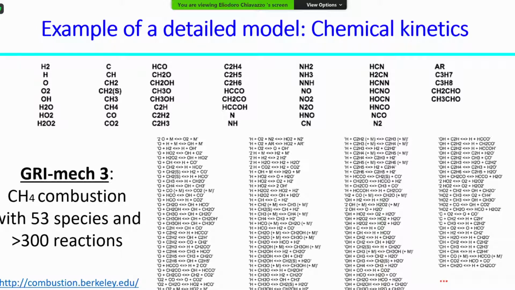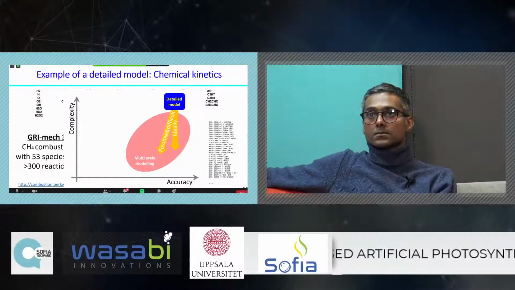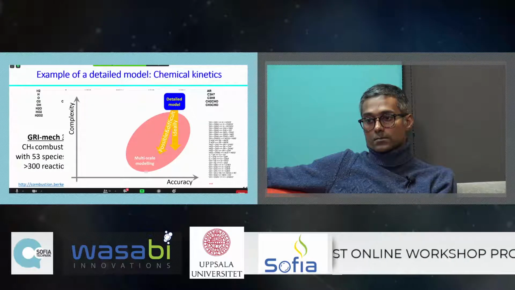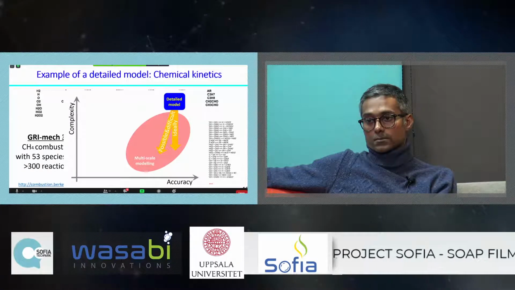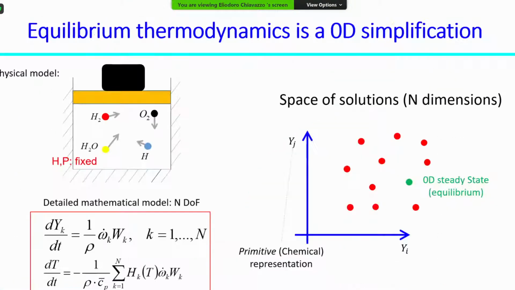So the complexity really gets very, very high. So the point is: can the complexity of this detailed chemical model be reduced in an automatic fashion, still keeping the same accuracy?